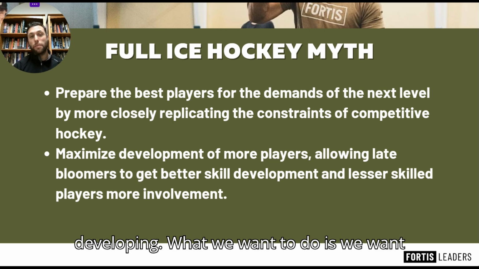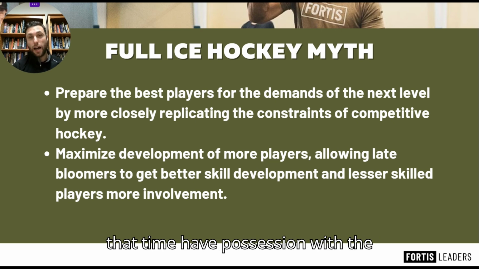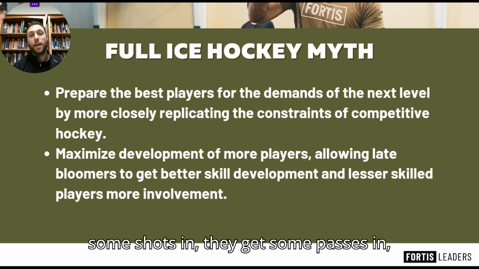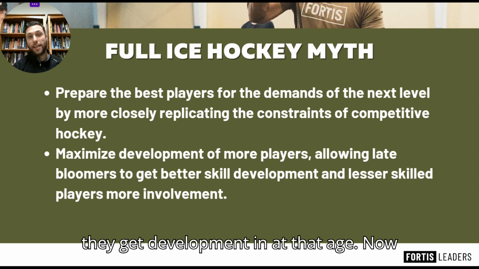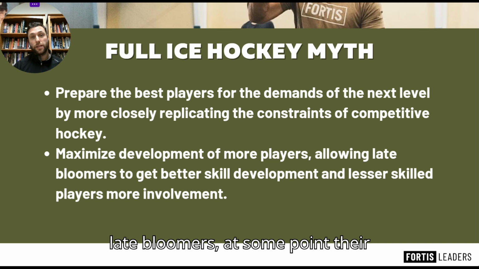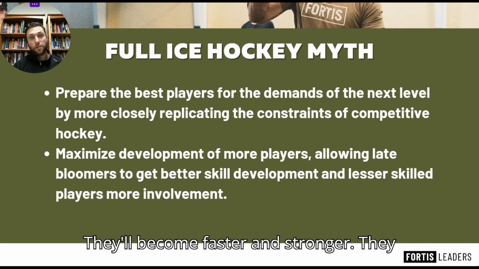What we want to do is make sure that the late bloomers and those that are just lesser skilled at that time have possession of the puck, that they have time, they get some shots in, they get some passes in, they get development in at that age. Now, what'll happen, especially if they're a late bloomer, is at some point their physical maturation will level out. They'll become faster and stronger.